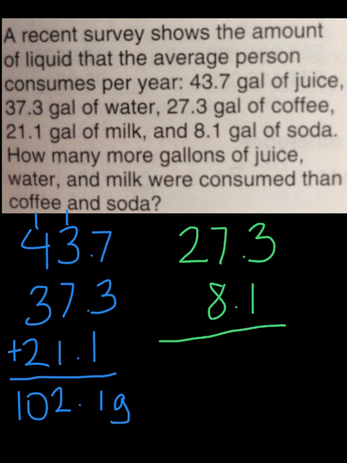Keeping my decimals lined up, and I add them together. 3 plus 1 is 4. Put down my decimal. 7 plus 8 is 15. Carry the 1. 2 plus 1, 35.4 gallons. Now I'm going to have to subtract 35.2 from the 102.1.